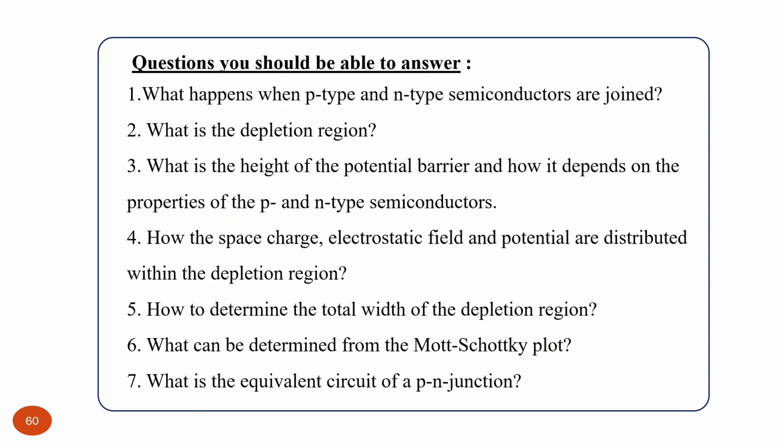So this is the list of questions you need to know and understand about the formation of p-n junctions. That's very important. I highlight this, as I mentioned before, that understanding of p-n junction formation and its basic characteristics is the key to your understanding of semiconductor devices. So that is very important.